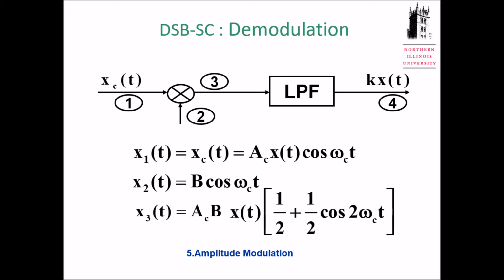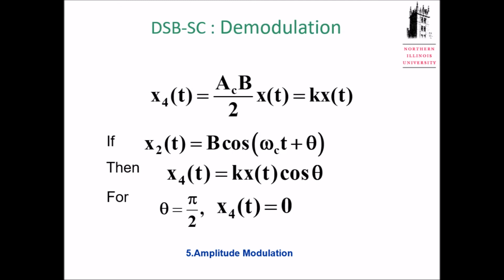Remove what part? Yeah. So we have a low frequency and a high frequency. The high frequency will be removed by this low pass filter. Actually, next, we will try it. So the output of the receiver, we have A_c B over 2 times x(t). x(t) is the message, so like a constant scale times your input.